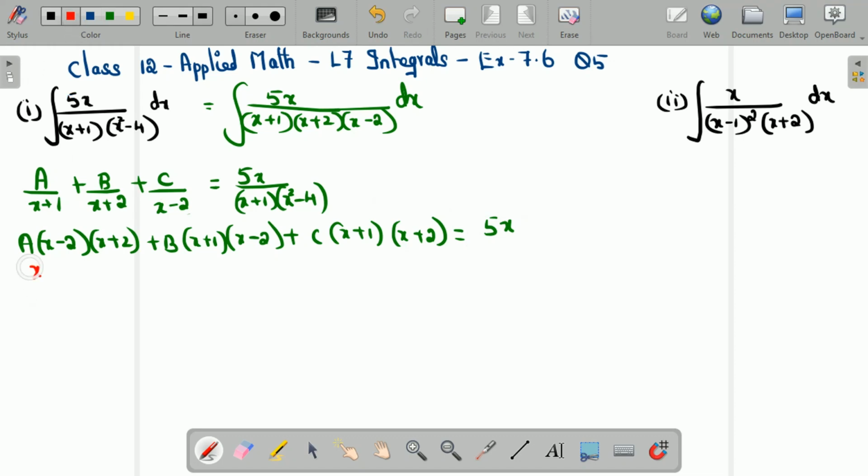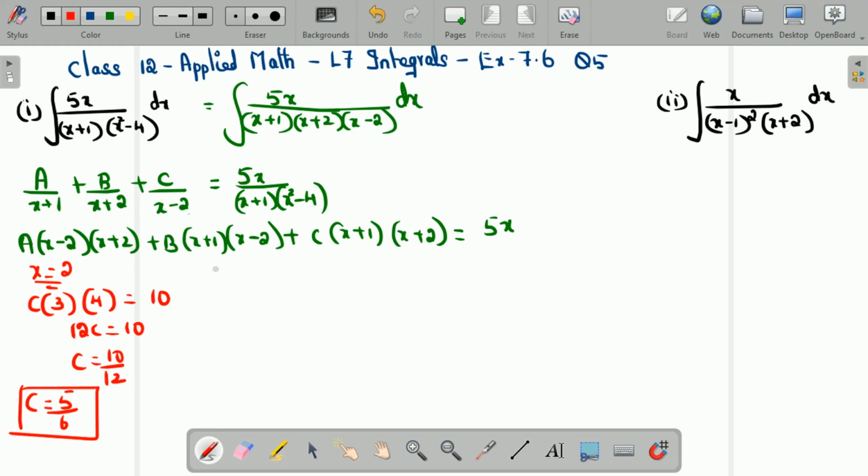Now put x equal to 2. If you put x equal to 2, the A term and B term will vanish. So C into (2 + 1) is 3, into (2 + 2) is 4, is equal to 5 twos are 10. So 12C is equal to 10, which means C is equal to 10 by 12, or in simplest form C is equal to 5 by 6. Now let's try x equal to minus 2.